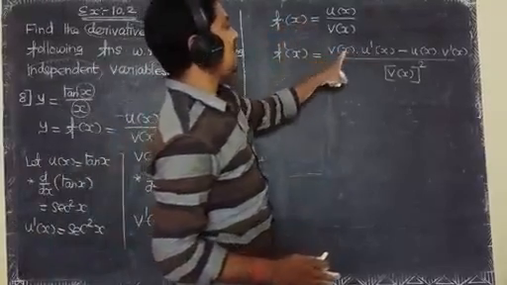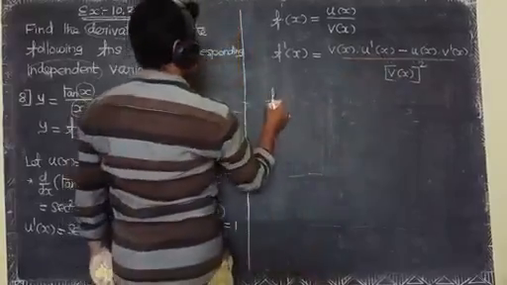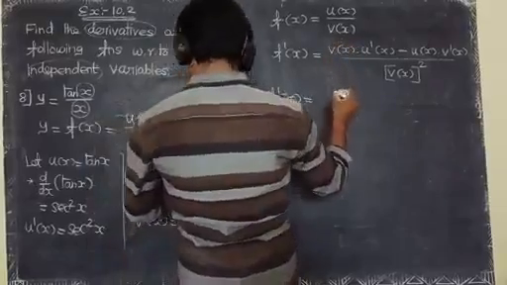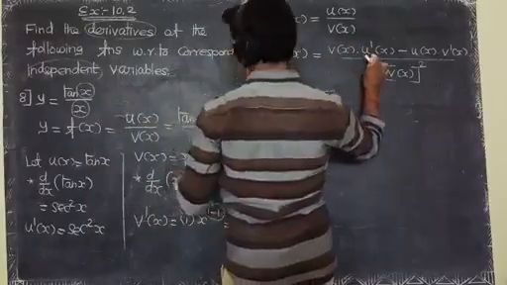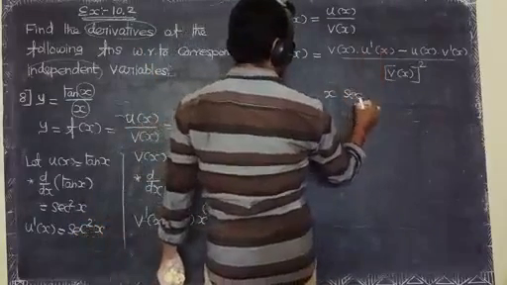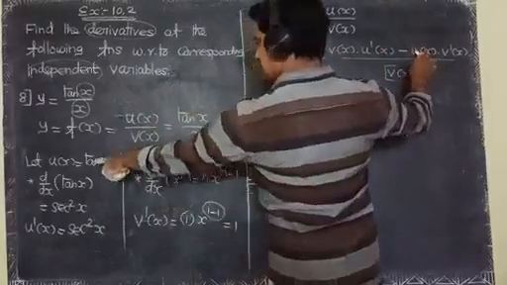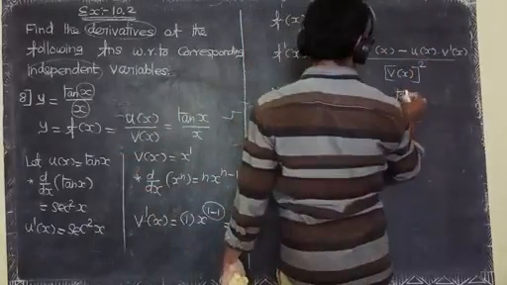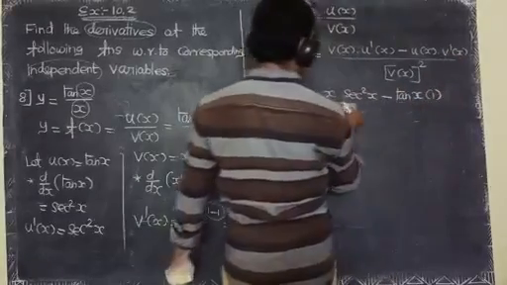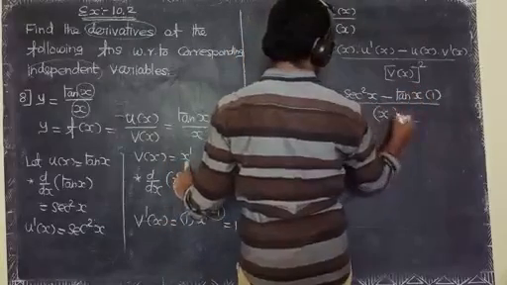Substitute the values of v of x, u of x, u dash of x and v dash of x. That is, f dash of x is equal to v of x, which is x, into u dash of x, which is secant squared x, minus u of x, which is tan x, into v dash of x, which is 1, divided by v of x the whole square, where v of x is x, so x square.